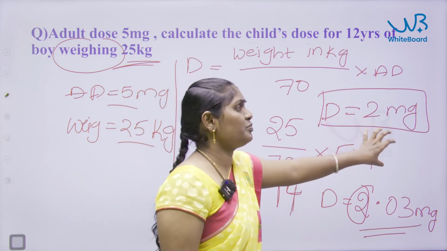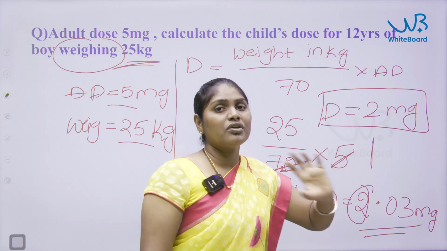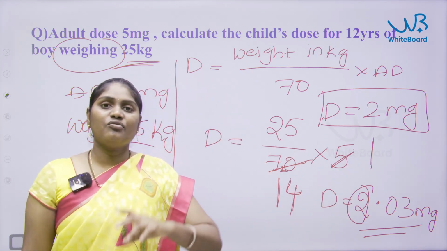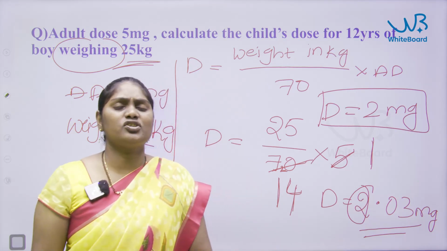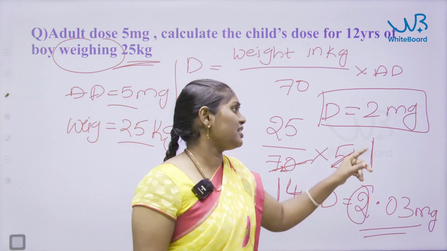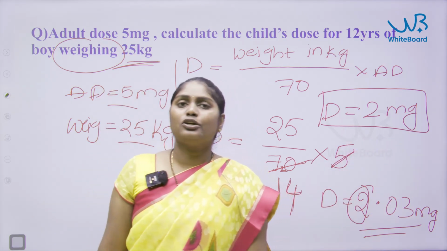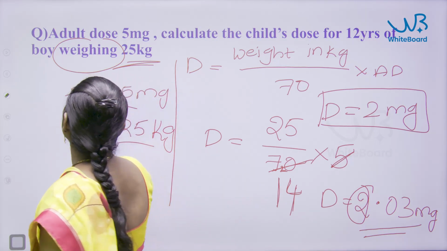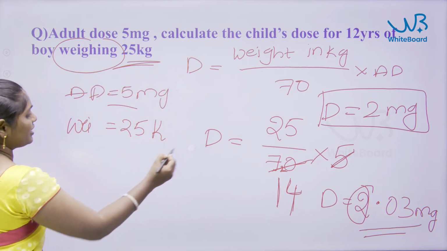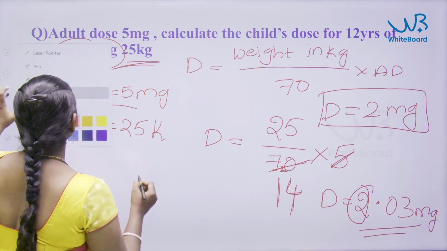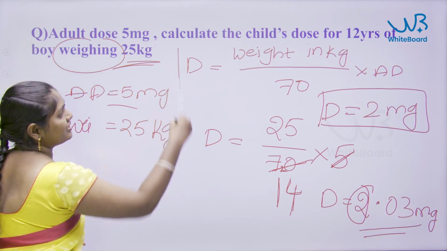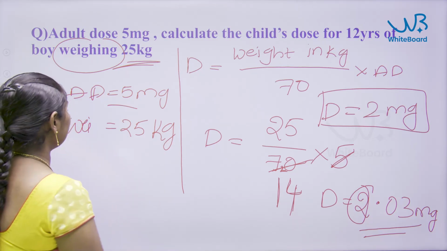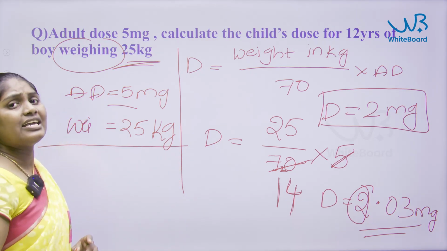You will mostly have options like 2, 10, 40 or 0.1, so great variation will be there and you can identify the option as 2. Since they gave us years also, I am calculating the same by using Young's formula.